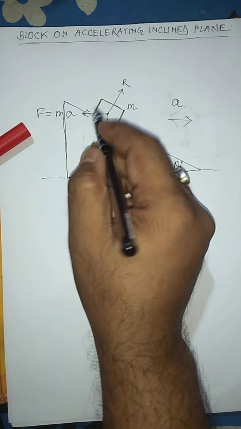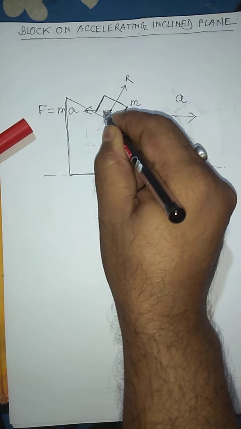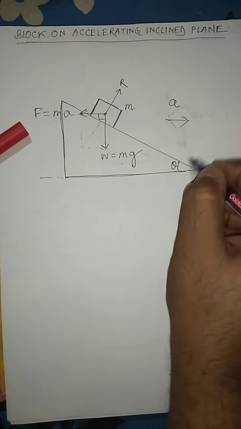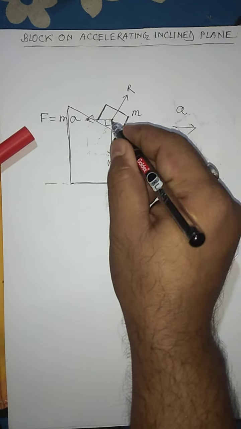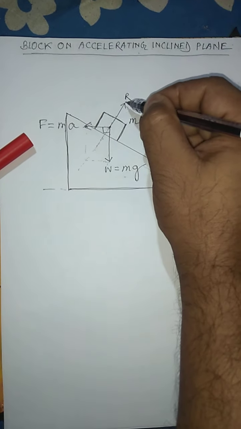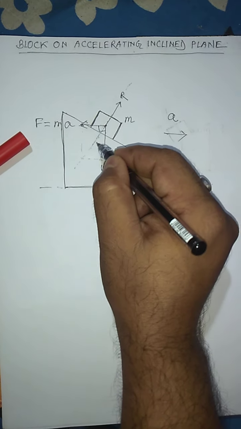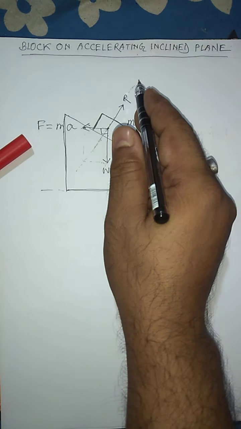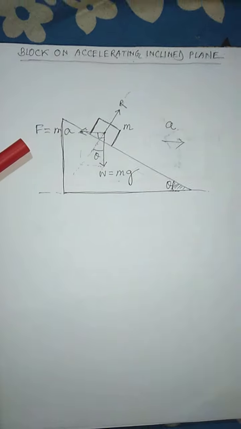The angle between the direction of the pseudo force and the direction of the force of gravity is 90 degrees. If this angle is theta, then if we produce the line of action of the normal force, the angle between the line of action of the normal force and the force of gravity is also theta.